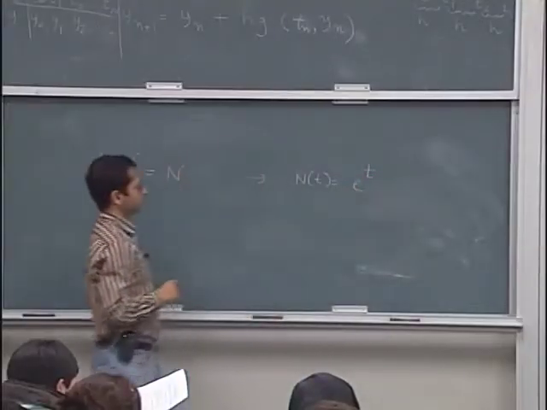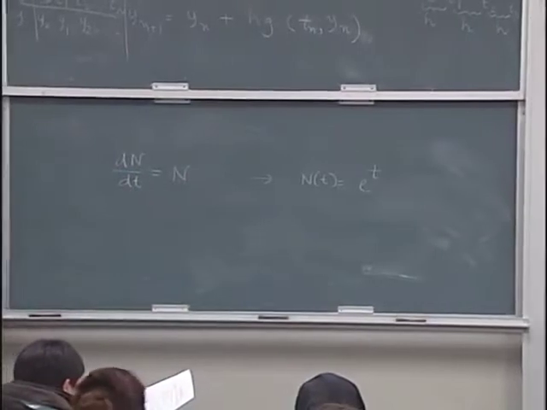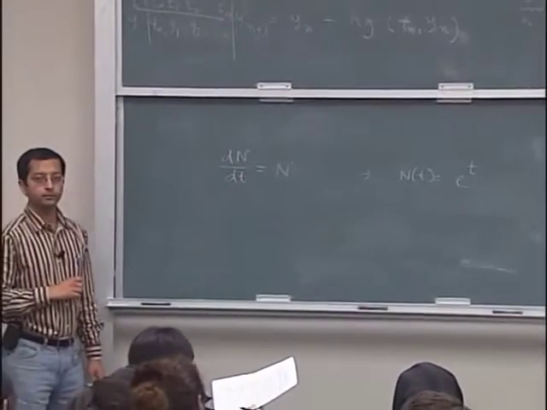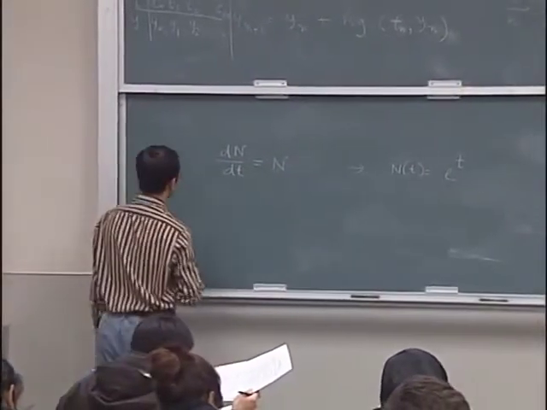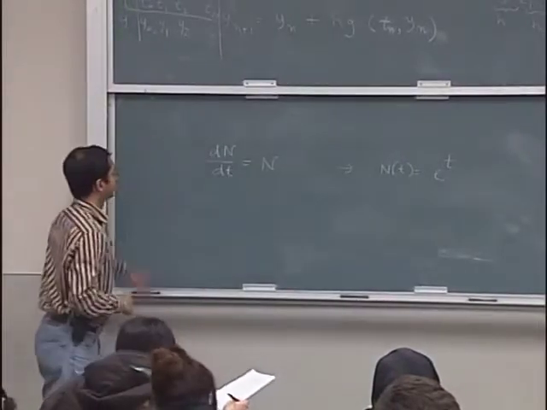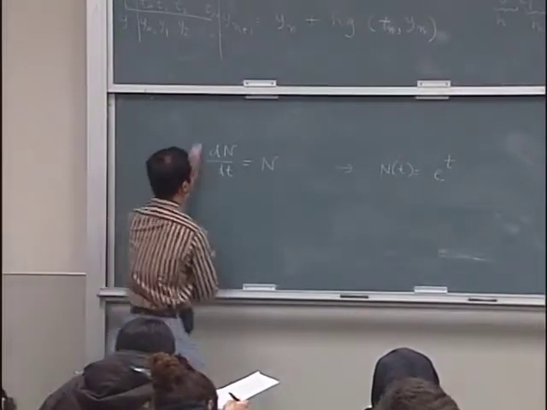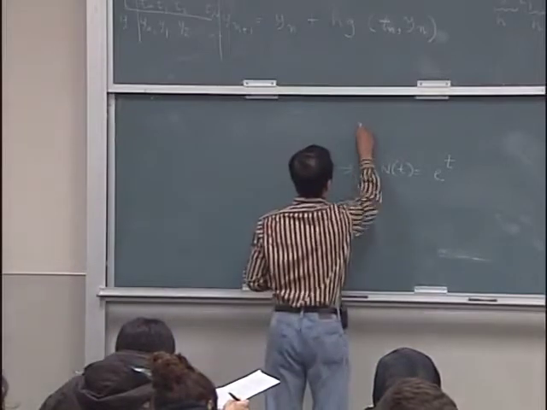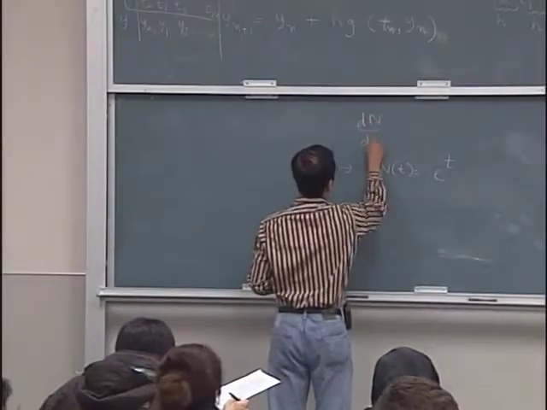Solution is n(t) equals exponential time. Okay. Now, if you want to do Euler, let me write the equation here. dn/dt.